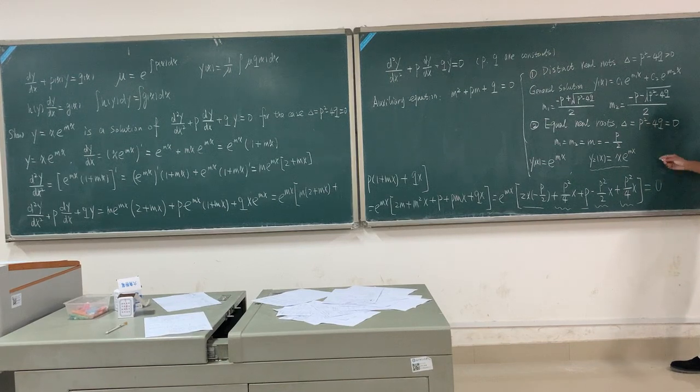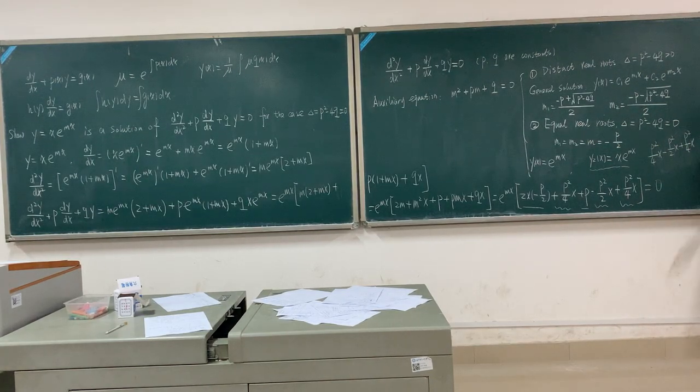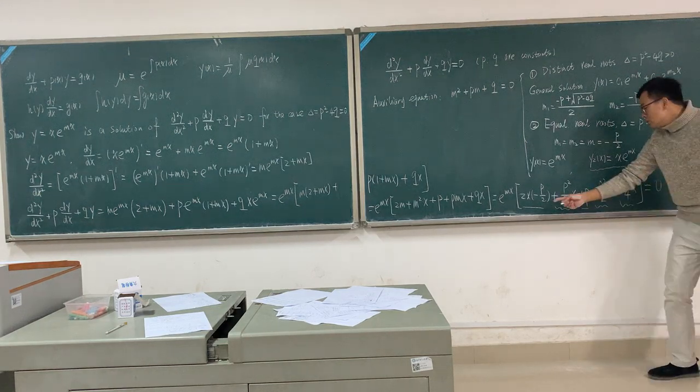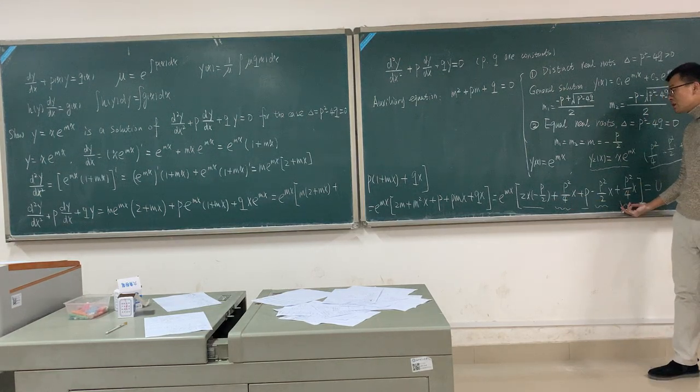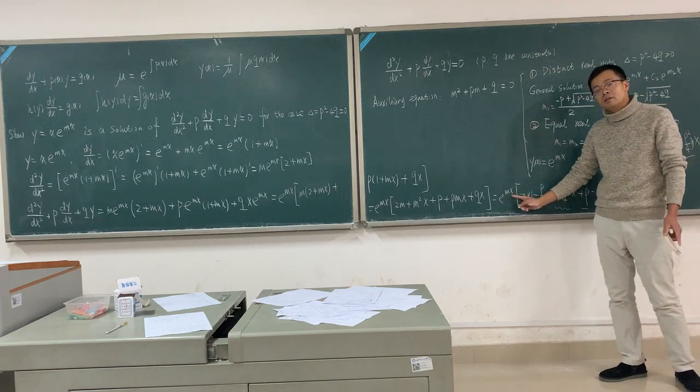So these three terms are p squared by 4x minus p squared by 2x plus p squared by 4x. You take out x, so it's p squared by 4 minus p squared by 2 plus p squared by 4. So this is 0. So this is 0 times e^(mx), which is 0.